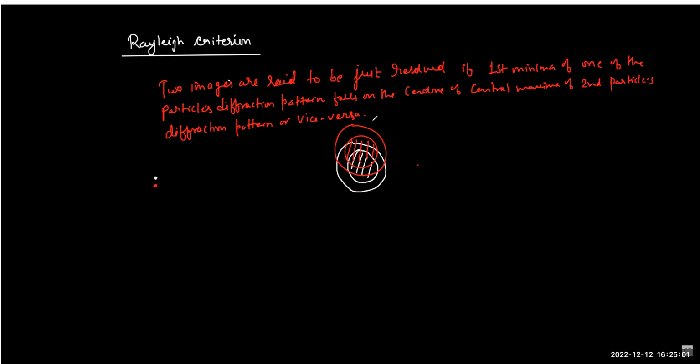So two images are said to be just resolved if the first minima of one of the particles' diffraction pattern falls on the central maxima of the second particle's diffraction pattern or vice versa.